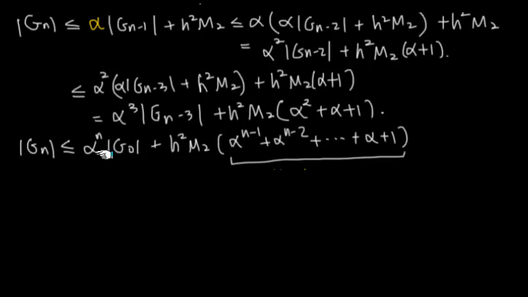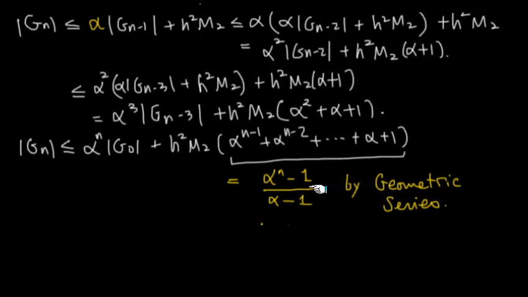And this one, you have to think about what happened to the alpha to the n. So right now, it's unclear whether this is going to give us a good bound so that we can conclude that Gn approaches 0. But let's calculate this part. And this part is known as a geometric series. And you might have learned this in Calc 2. So here's a closed formula, although there's dot, dot, dot, there's n terms involved in here.